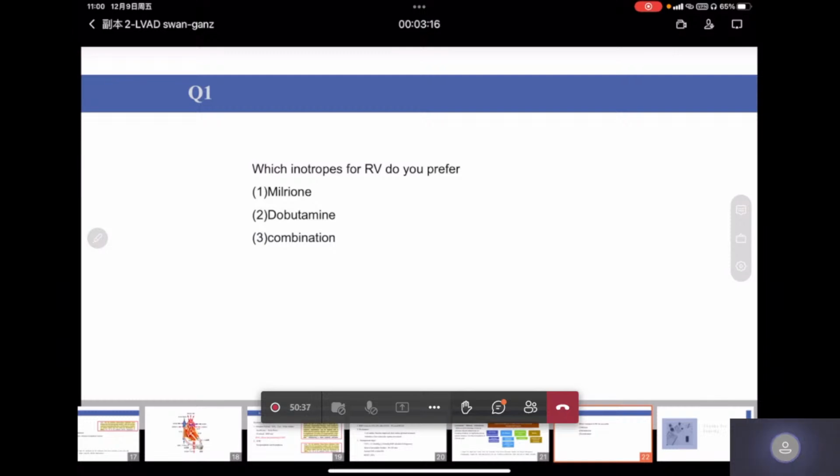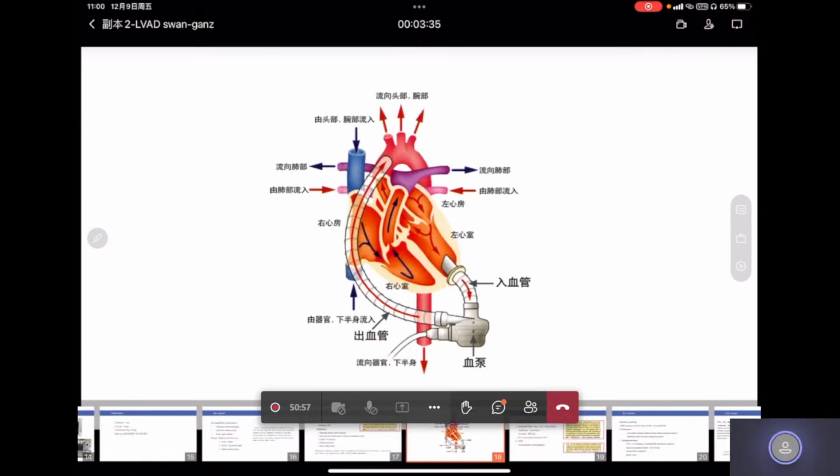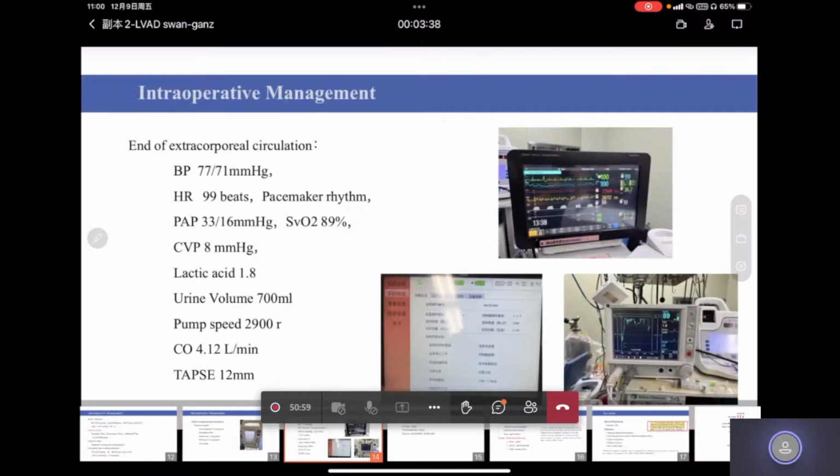Okay. So we use some medicines now. How about the CI, the cardiac index, before and after the device was put in? The CI of this patient is decided by the equipment.